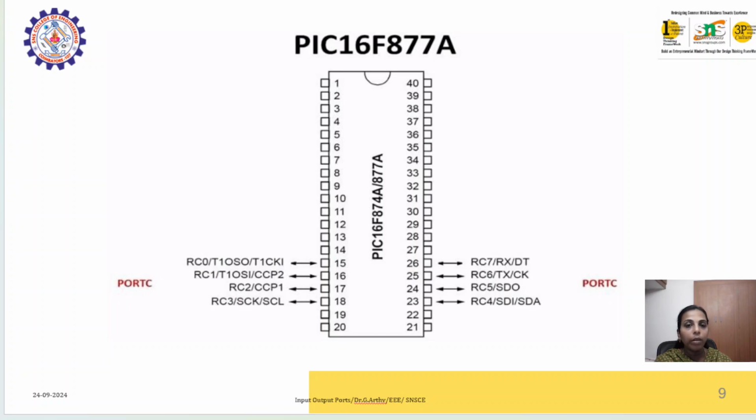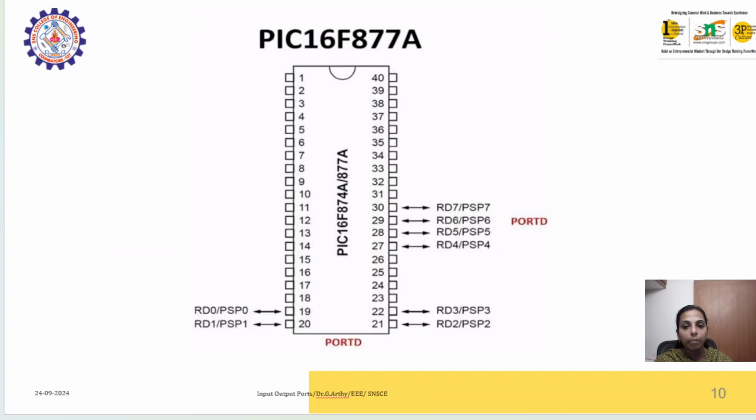Port B is an 8 pin port. Then port C is again an 8 pin port. Here, from 15 to 18 and from 23 to 26, we have port C. Then port D is again 8 pin. Here we have 2 pins, here 2 pins, and here 4 pins.